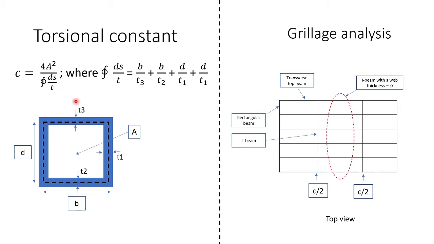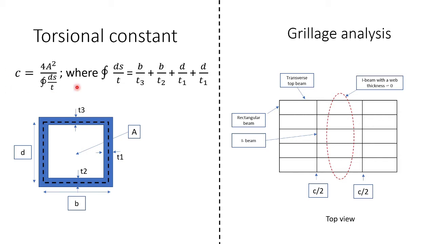If you know the parameters T3, T2, T1, the area enclosed by the section, and also the B and D values, the breadth and depth, you can calculate the shear flow integration using this equation. And since you know the area, you can easily calculate the torsional constant.